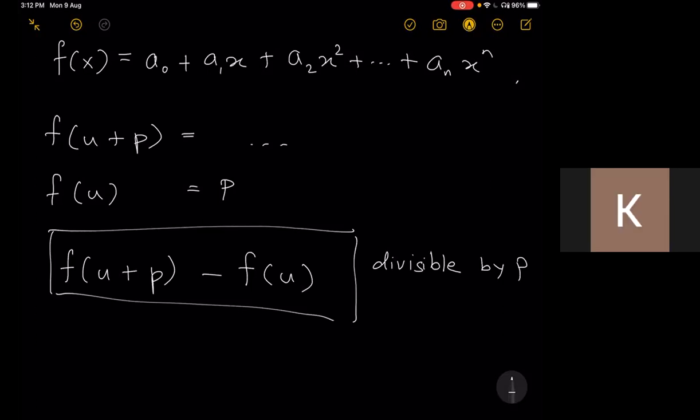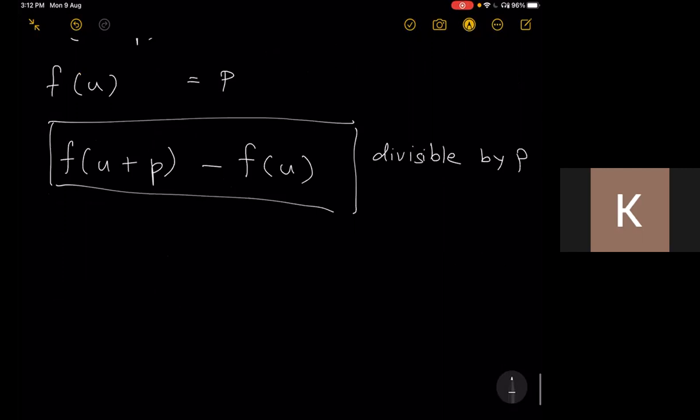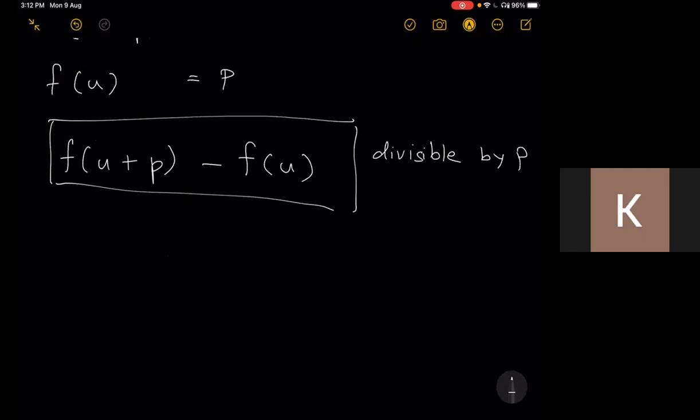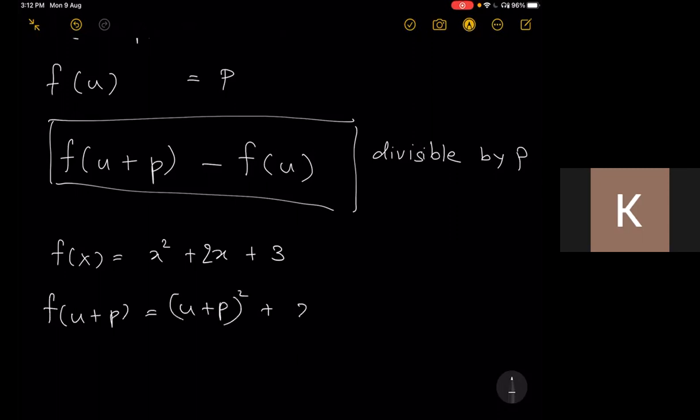Wait, let me just take a small example. Say f(x) is x squared plus 2x plus 3. Okay. So f(u plus p) equal to (u plus p) whole squared plus 2 into (u plus p) plus 3. f(u) equal to p.